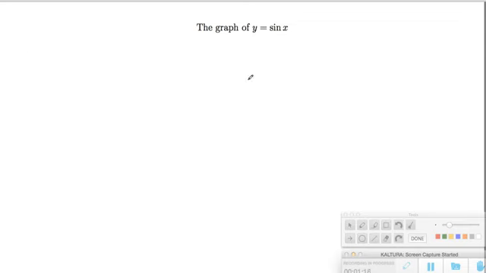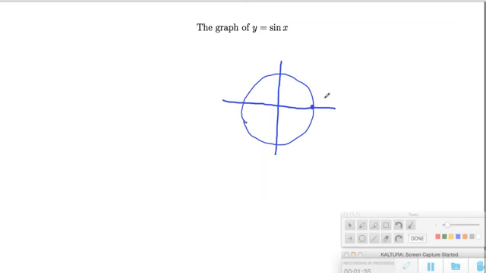Now recall on the unit circle, that each point has an x and a y, and remember that the x value is cosine and the y value is sine. So the point here, corresponding to an angle of 0, is the point (1, 0).